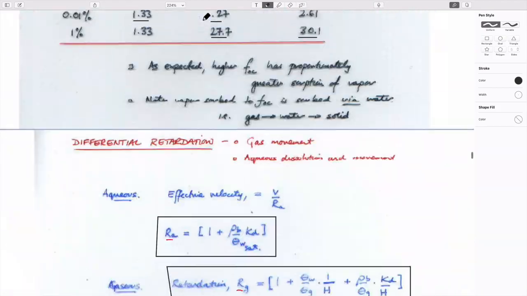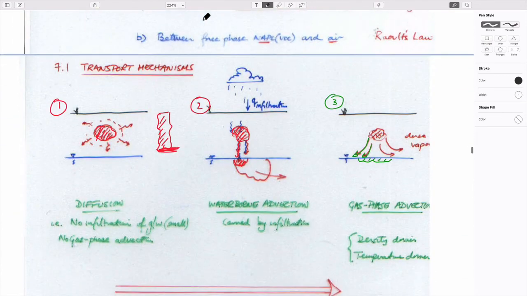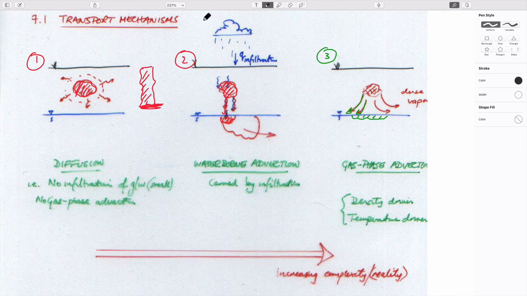So that is kind of it, I think, for vadose zone behavior. It all revolves around these three kinds of mechanisms. They're direct analogs, I suppose, to flow in the vadose zone: we have an advective flux, which we can define in some way, and a diffusive flux that we can define in some way.